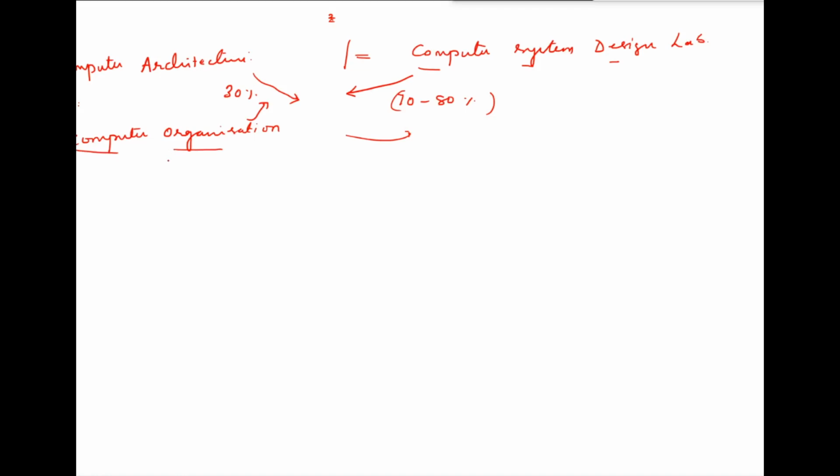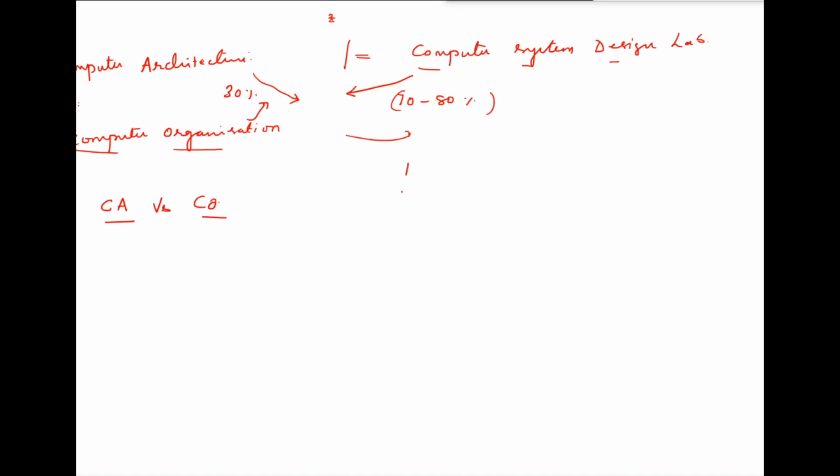In general, what you read in computer organization and computer architecture, what makes the difference? CA versus CO. You read CO, and now you are going to read about CA.